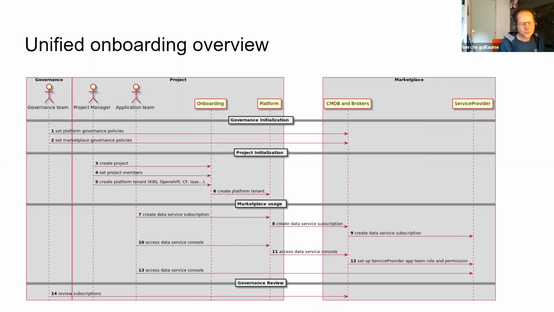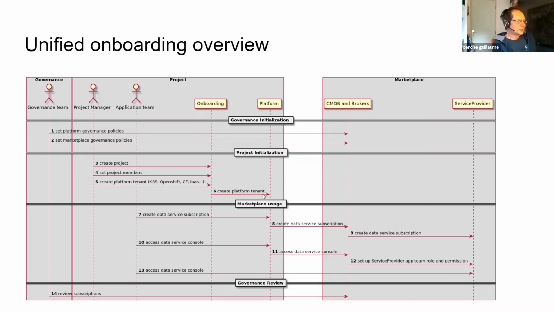And they don't want to declare their members into each platform and do their onboarding multiple times. So in this scenario, they would create a project, declare their members, and then the project members would be automatically available when they ask for a platform tenant of Kubernetes, Cloud Foundry, or IaaS. When they create a platform tenant, the project members would be automatically created and updated.